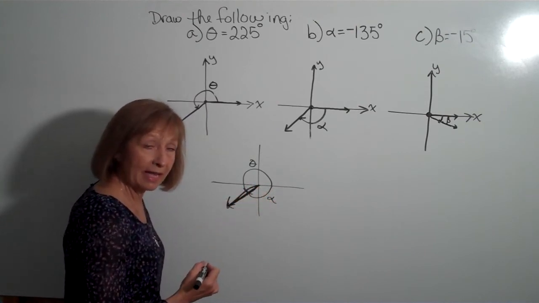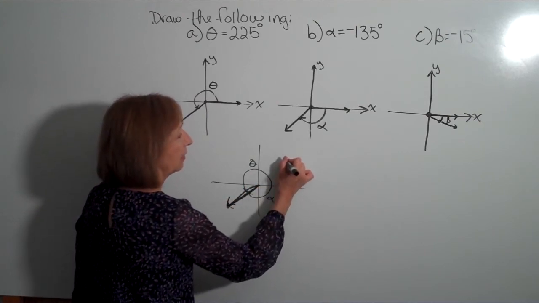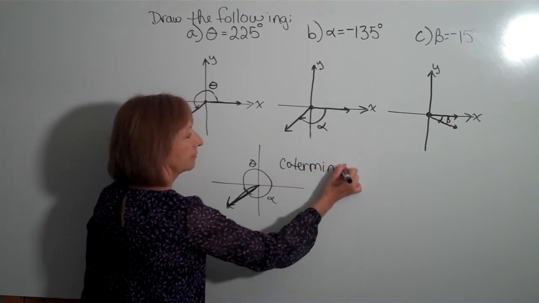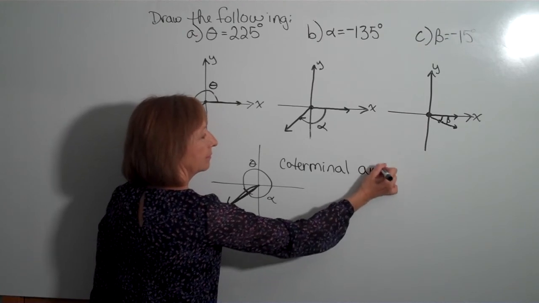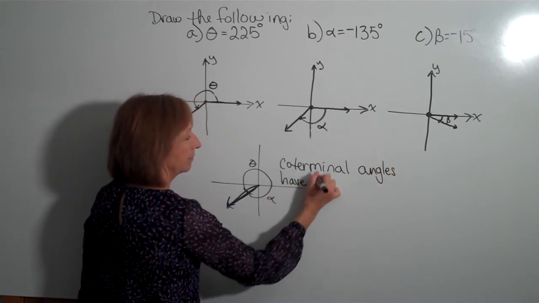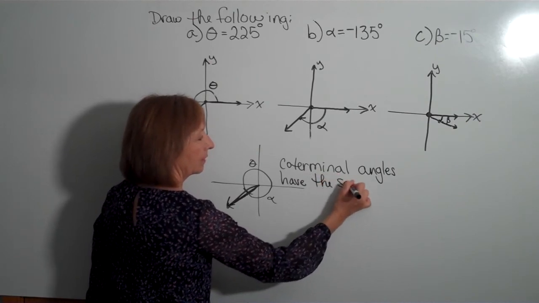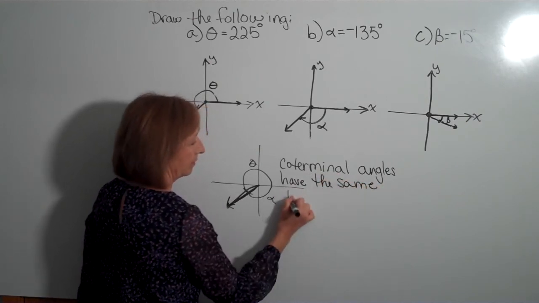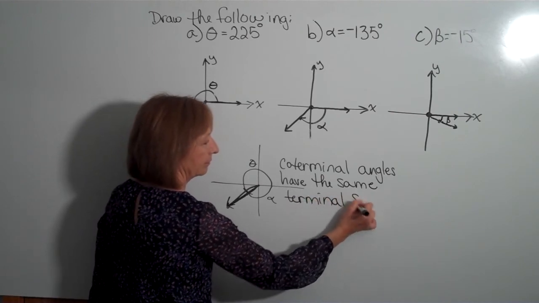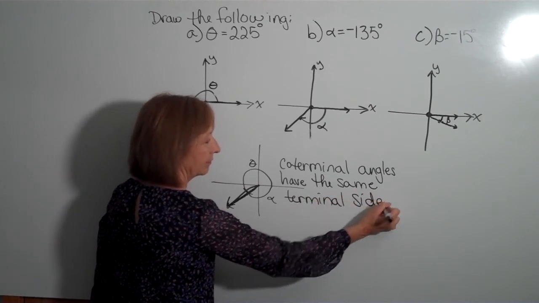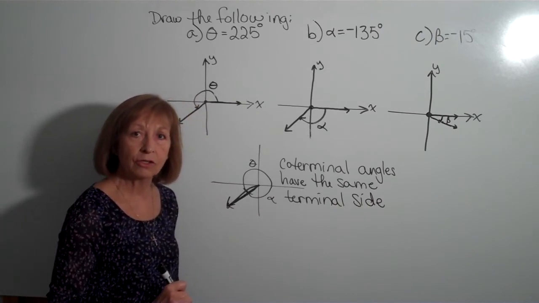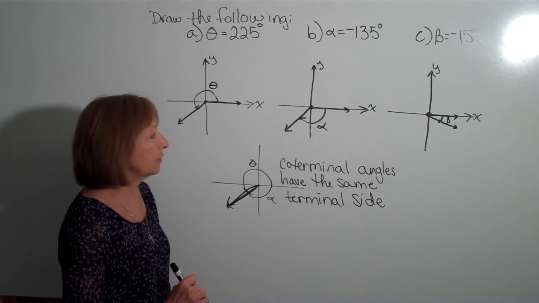And when two angles have the same terminal side, they are called coterminal angles. So when you have two angles that have this occur, then you have coterminal angles.